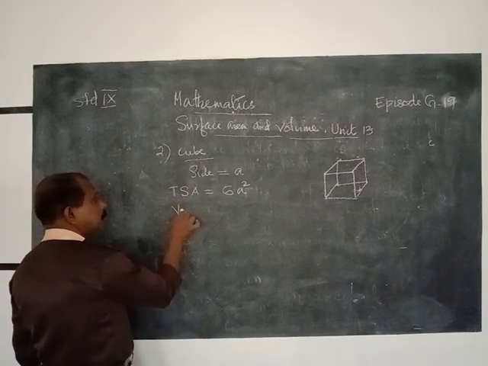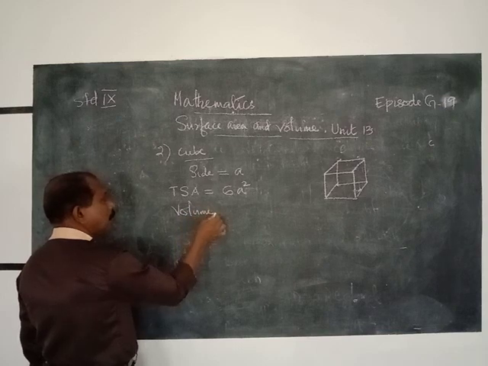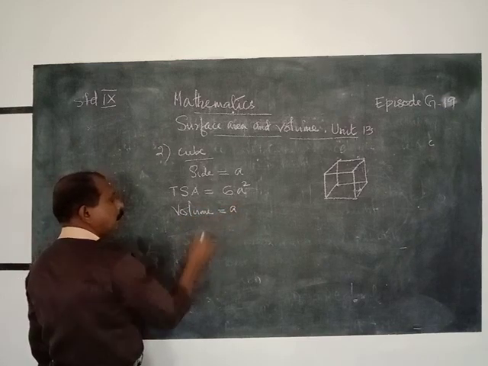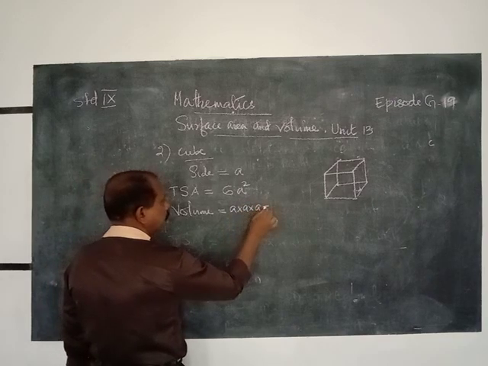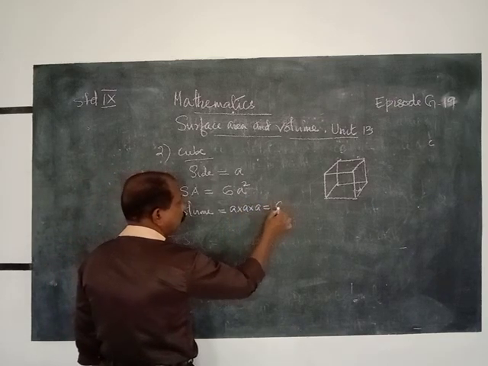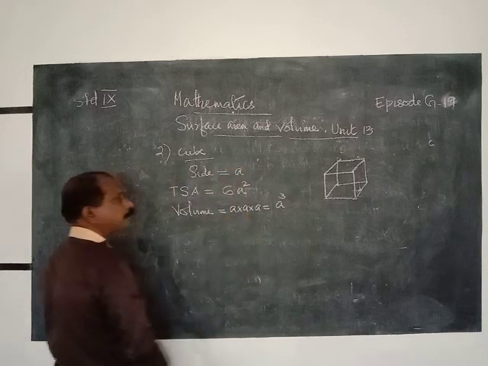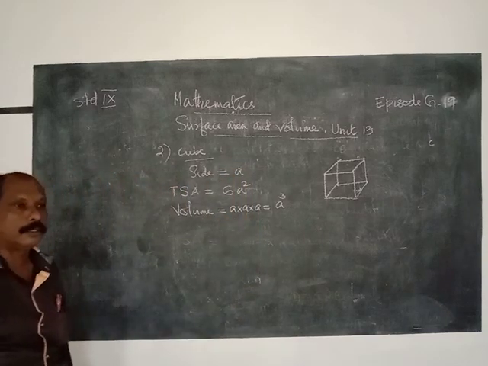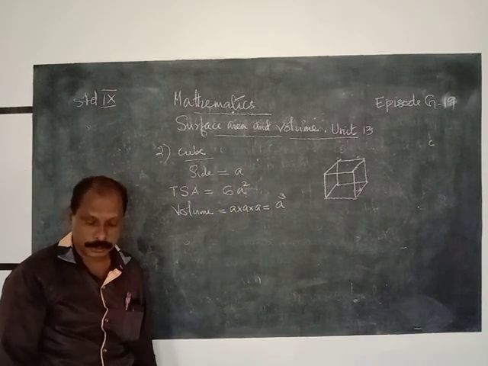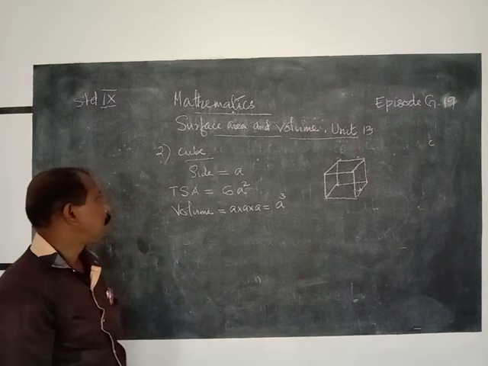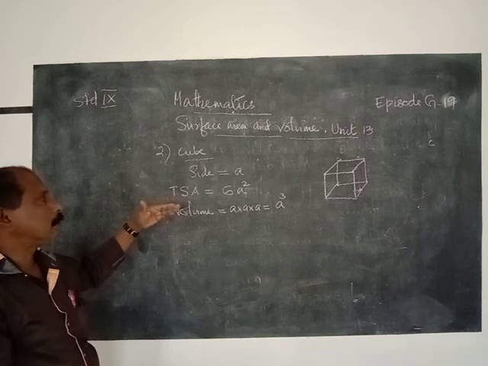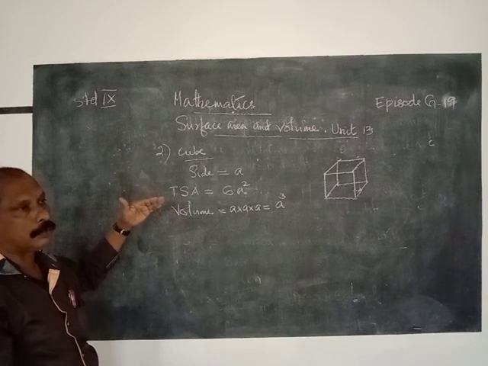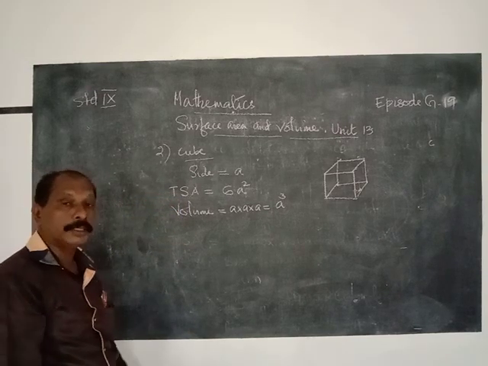And the volume is length, that is A, into width, that is A, into height, that is A. We multiply A 3 times, therefore it is A cube. Area is in square units and the volume in cubic units. These are the main points for the cube. Side is A, therefore total surface area is 6 A square and the volume is A cube.